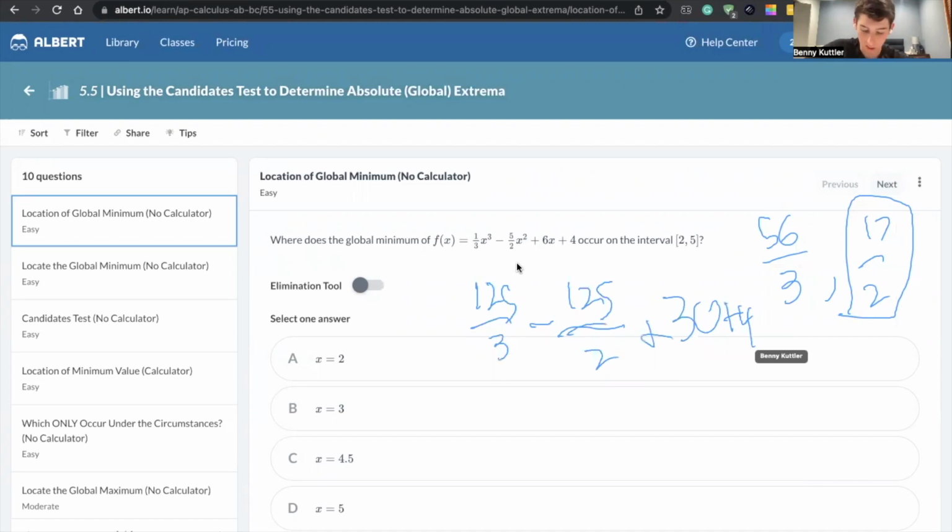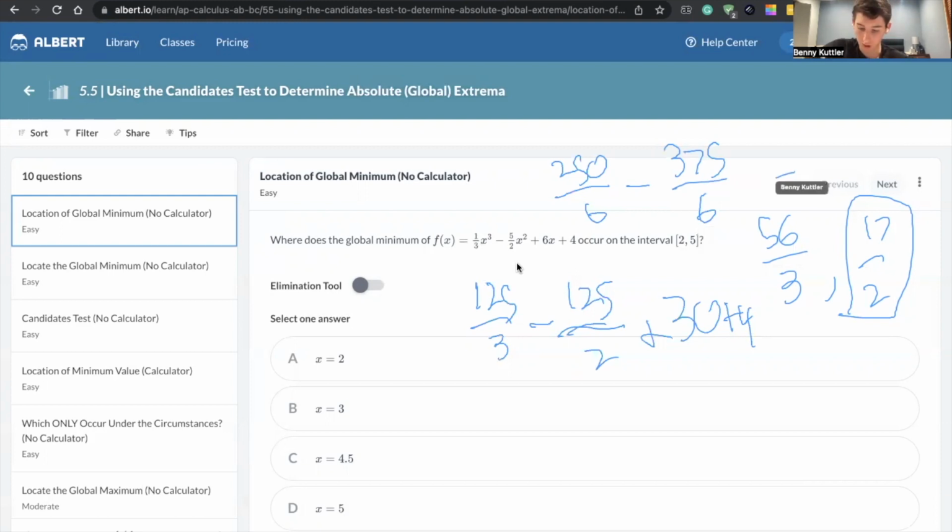So if we find the common denominator, we get 250 over 6 minus 125 times 3, 375 over 6.